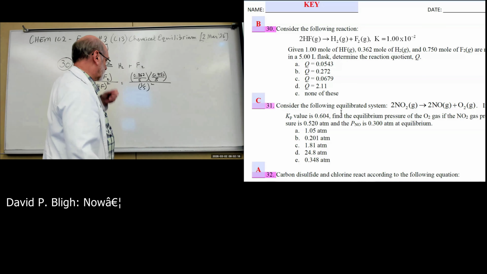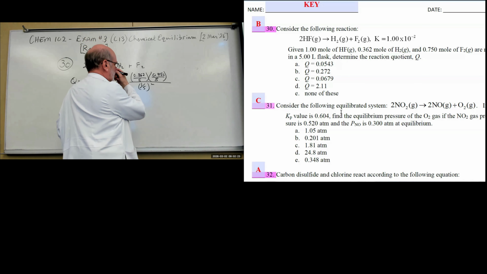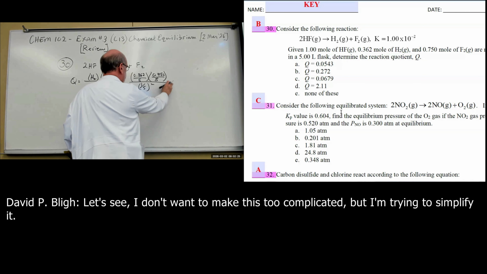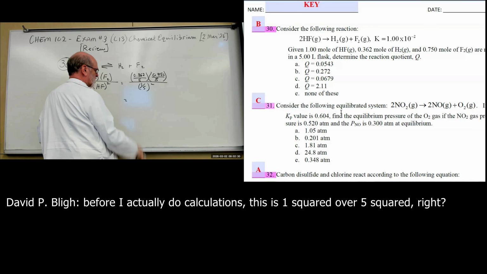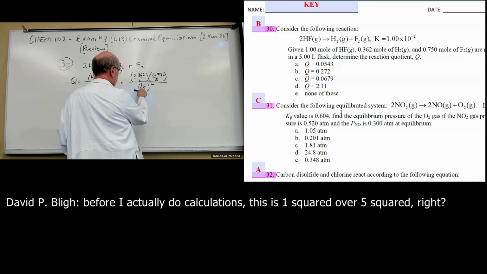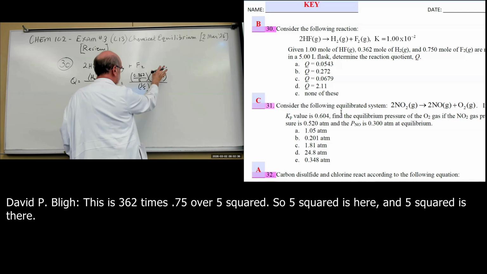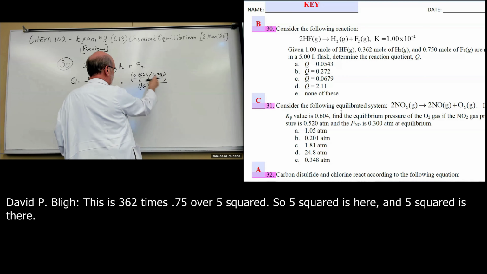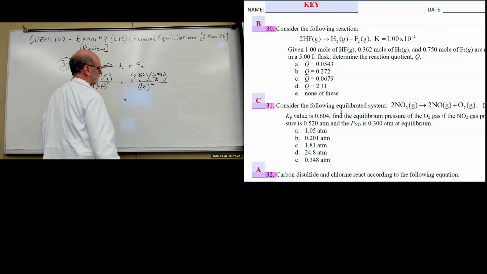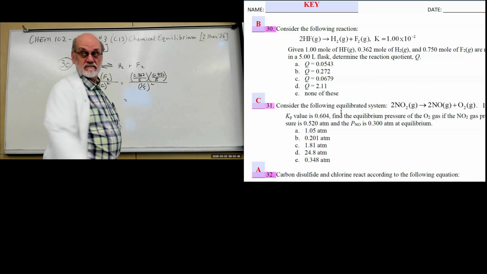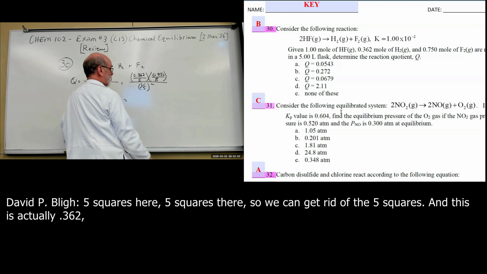Now, I don't want to make this too complicated, but I'm trying to simplify it before I actually do calculations. This is 1 squared over 5 squared, right? This is 0.362 times 0.75 over 5 squared. So 5 squared is here and 5 squared is there, so we can get rid of the 5 squareds.